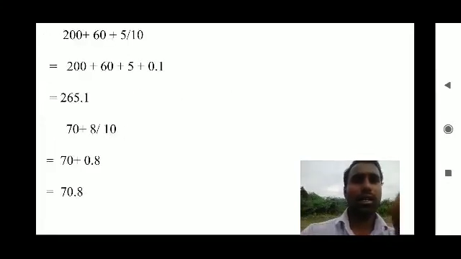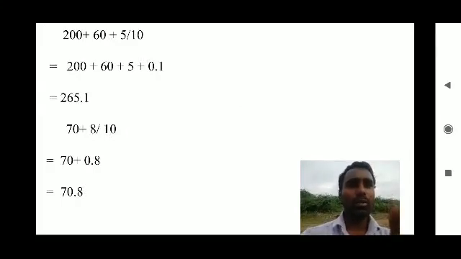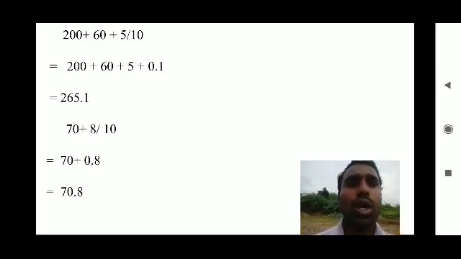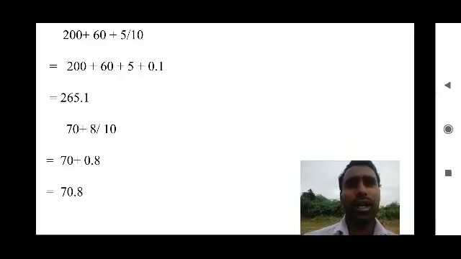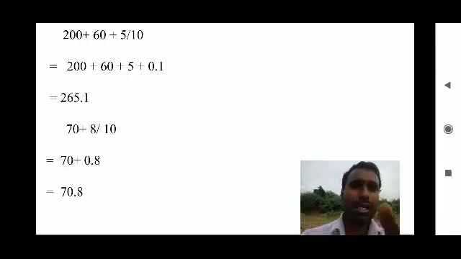See here, 5 plus 0.1 will not come. So sorry for that. 200 plus 60, 260, 5 by 10, 0.5. So 260.5. So just change the answer, 260.5. Okay students, if it is 5 plus 1 by 10 means it will be correct, right? 200 plus 60 plus 5 plus 1 by 10 means this answer will be correct. Otherwise from that given question, I don't know the question, but here I gave one question.